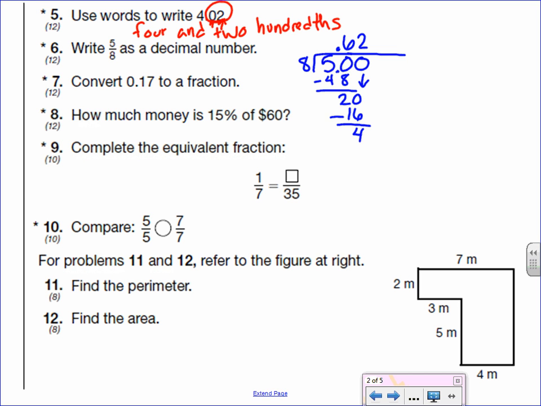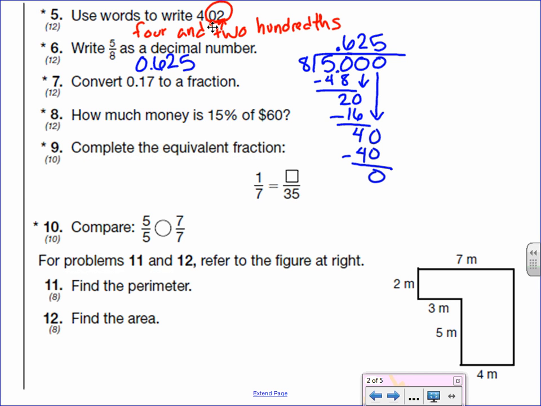Since I have a remainder, I'm going to add another 0 and bring that down. 8 goes into 40 5 times. 5 times 8 is 40. 40 minus 40 is 0. Since I don't have a remainder, my decimal for 5/8 is 0.625.